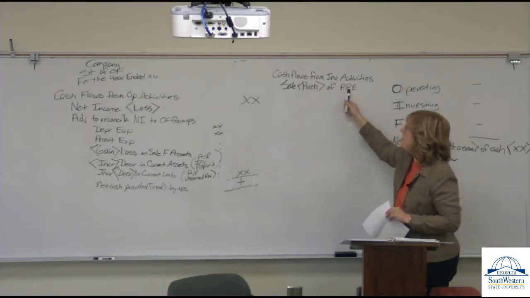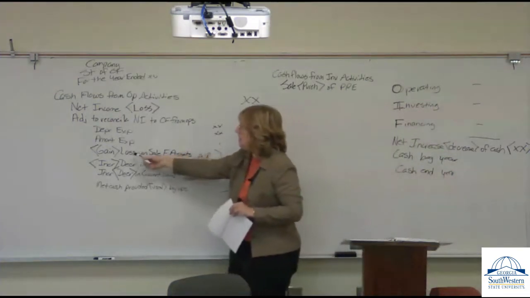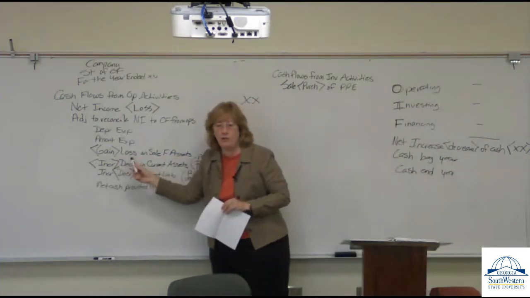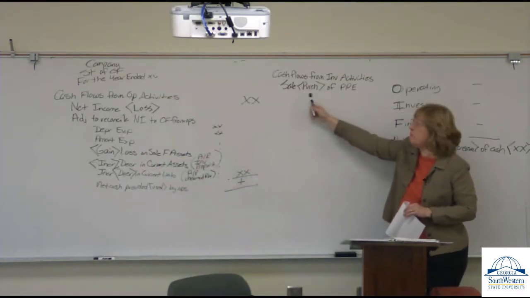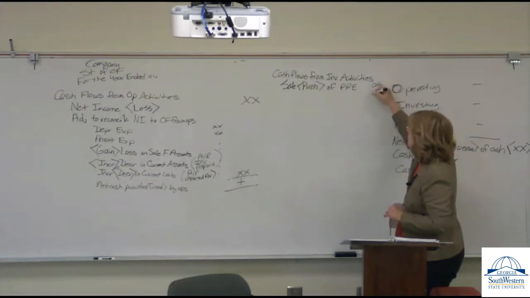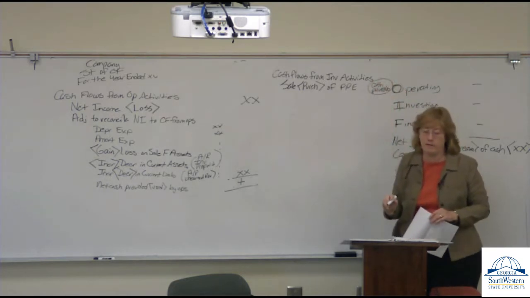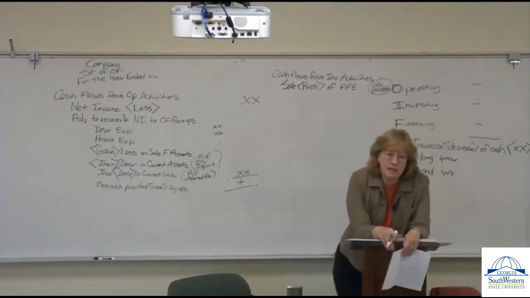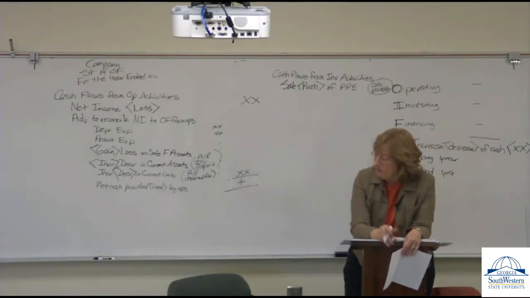Sale or purchase of property, plant, equipment. When you have a sale, there's a gain or a loss involved. But the thing that goes here when you sell a piece of equipment is the actual cash proceeds. This is the number that goes right here. Okay, so this is going to be a little bit weird, okay?